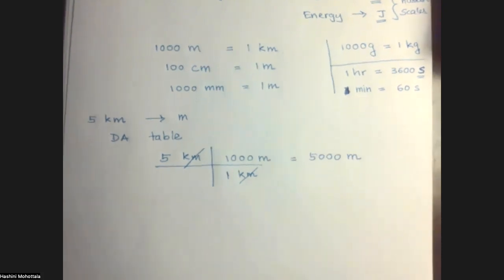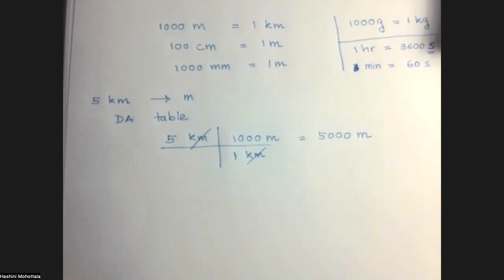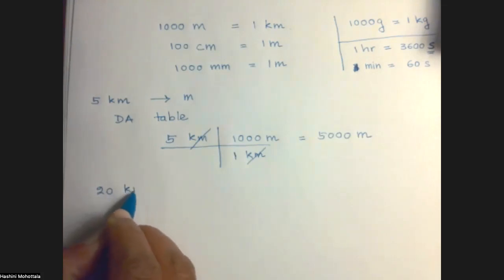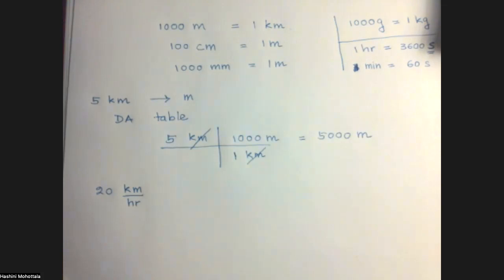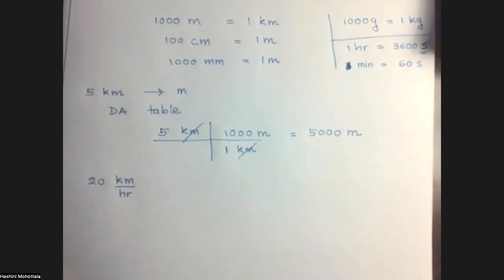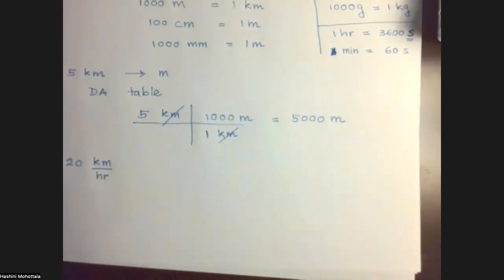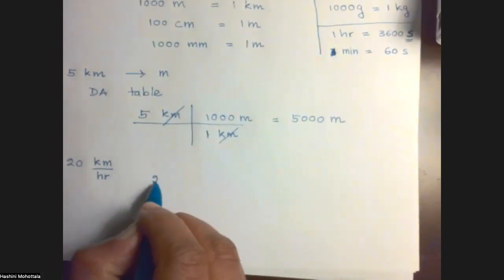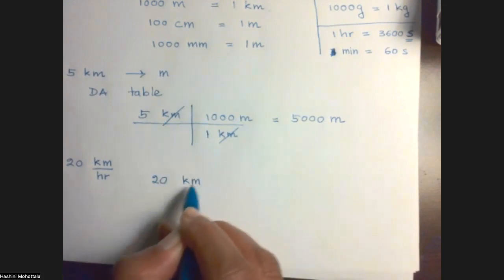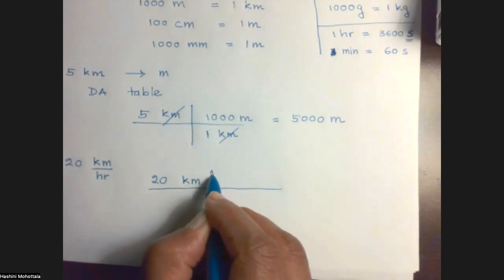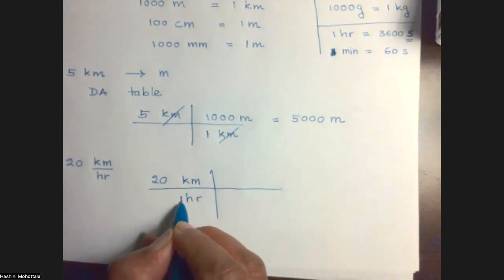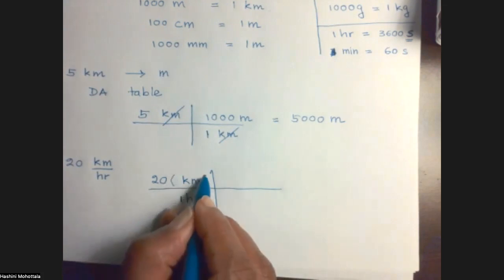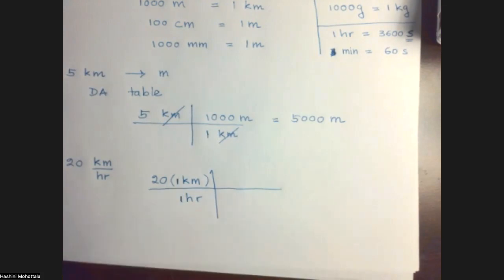So let's do something a little harder. Let's say we have a velocity given as 20 kilometers per hour. Just the same way, we use the dimensional analysis table. You leave the 20 kilometers there, draw the table, and place the hour in here, so you have 1 hour in the denominator.